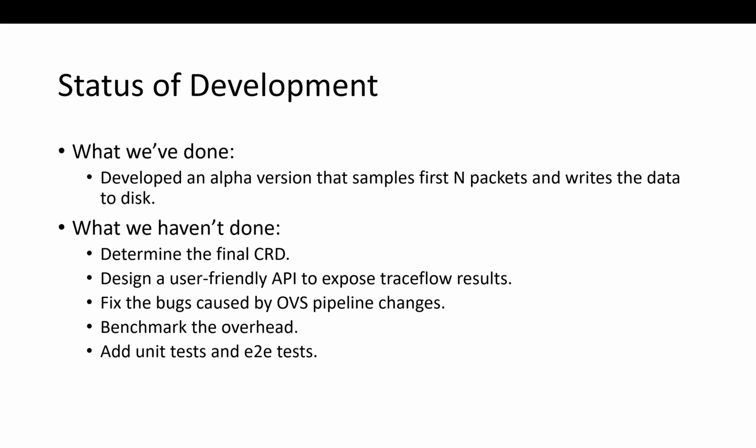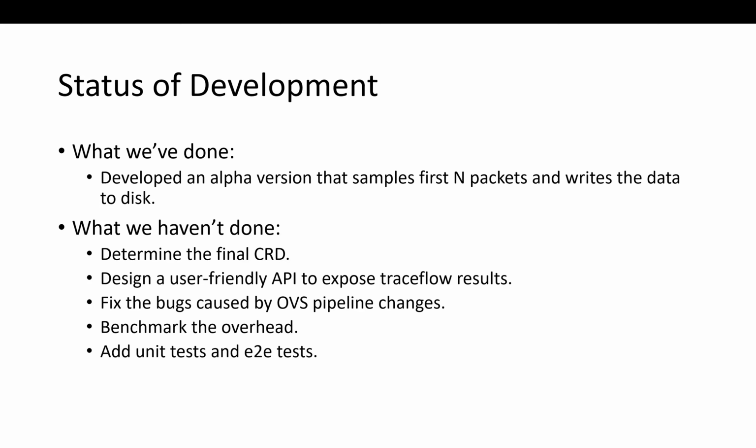Yes. So in the design, I actually added a new field in the status field of the trace flow CRD, which is called the packet path. For example, we can generate a new HTTP path and write it to the status field.